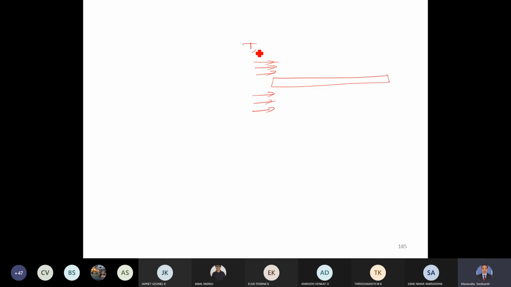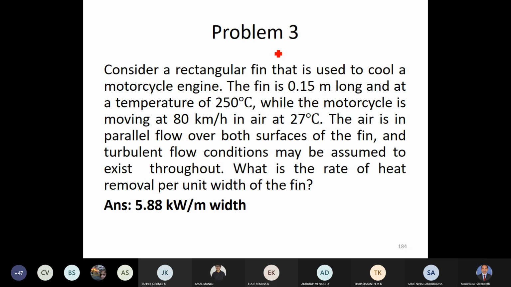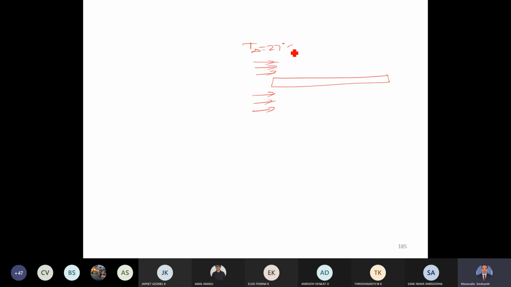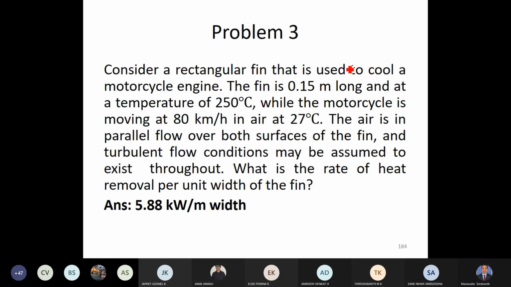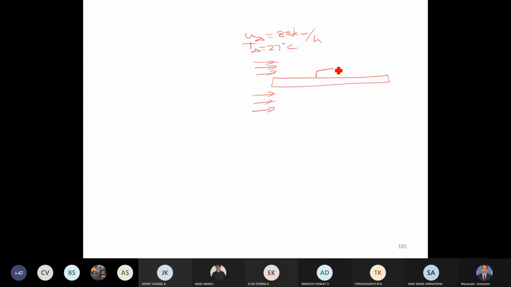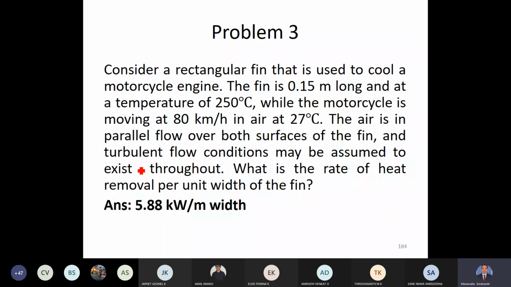So we have a T infinity of 27 degrees Celsius, U infinity is 80 kilometers per hour, and the surface temperature Ts is 250 degrees Celsius. And we are also right away told that the conditions are turbulent. We assume that. So what is the rate of heat removal for the fin?